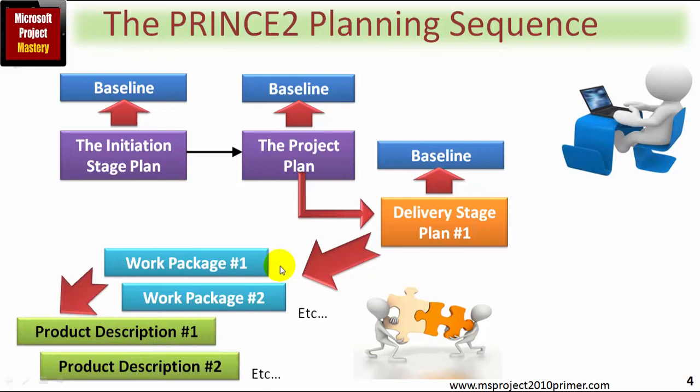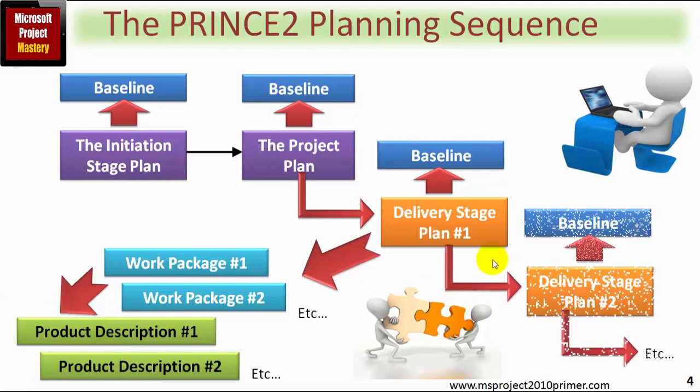Within each work package, as a minimum, there must always be at least one product, and hence at least one product description. However, a typical work package may have several products. Again, the creation of these products may happen one after the other within a work package, or in parallel, or some combination. And you can be sure that I've taken this into consideration when designing my Microsoft Project templates.